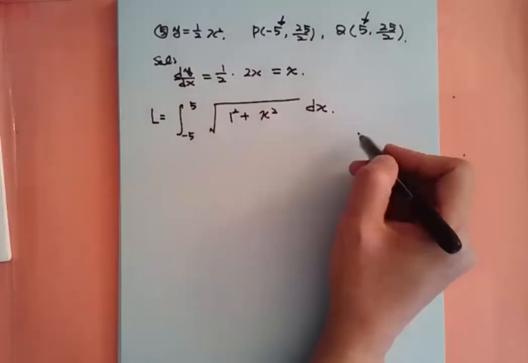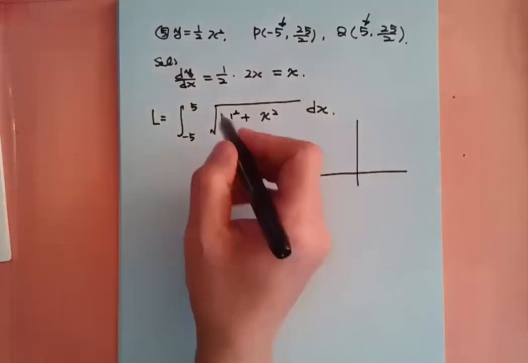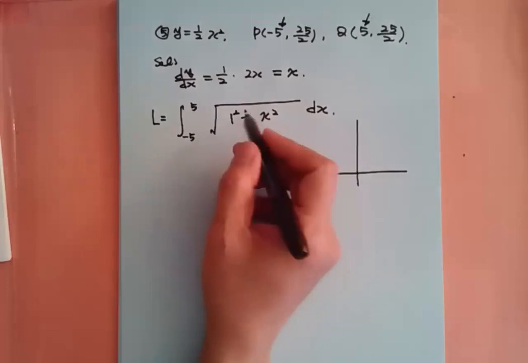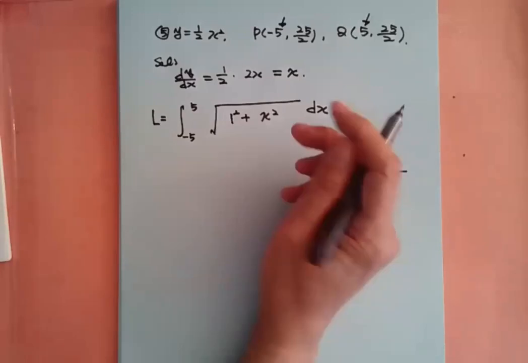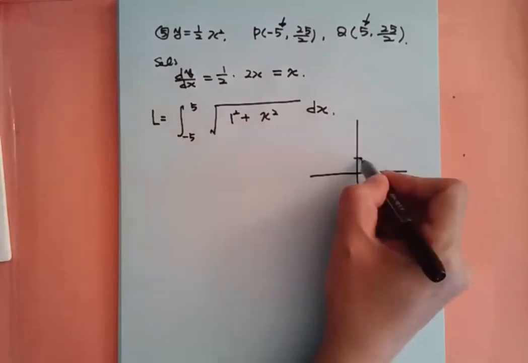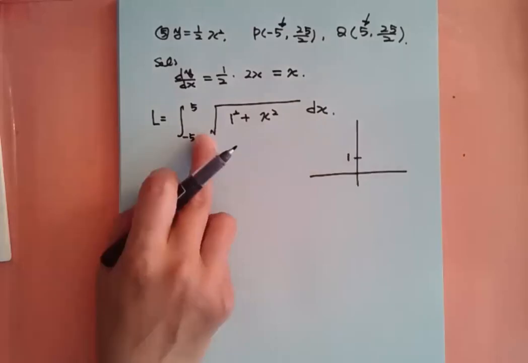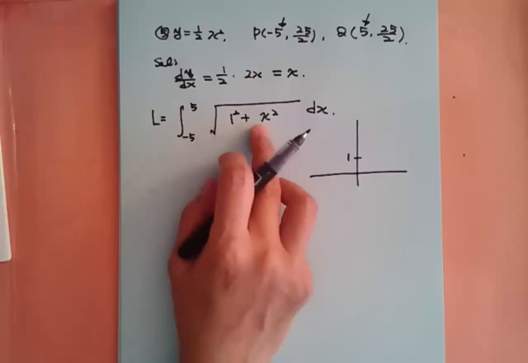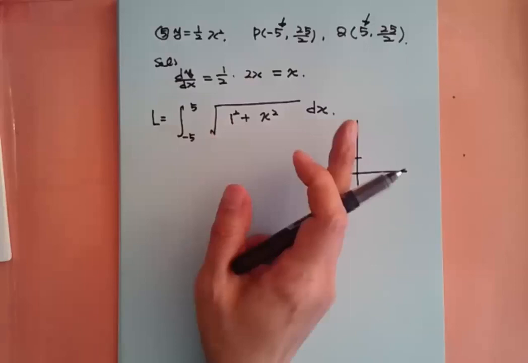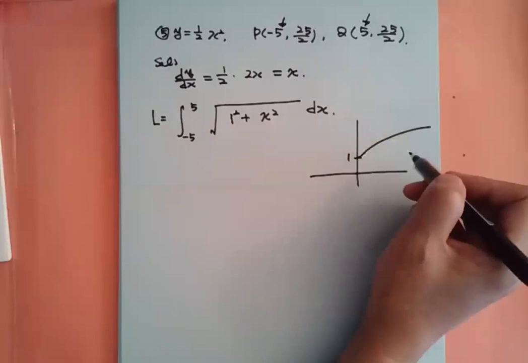And then we think about the graphical shape of this function. When x equals 0, then that is 1, square root of 1, which is 1. And when x gets larger and larger, 1 plus x squared will get larger and larger, and the square root of that number will become bigger and bigger. So the right side will look like this.